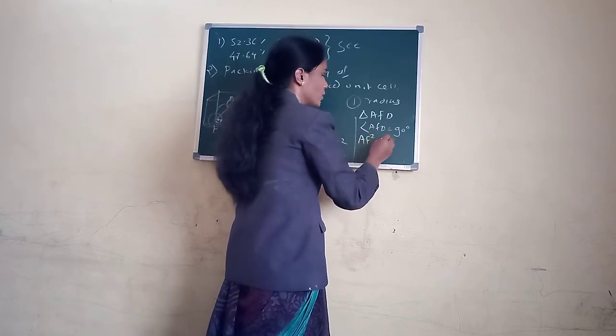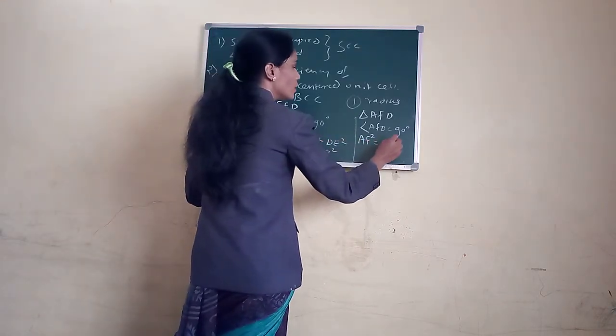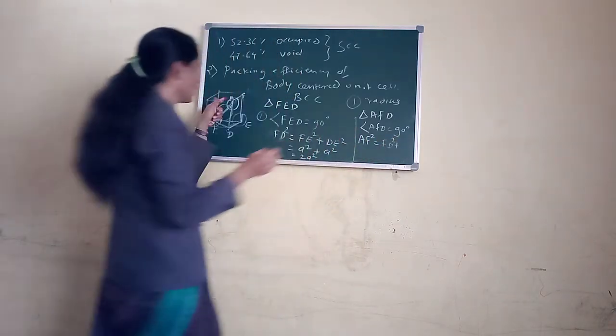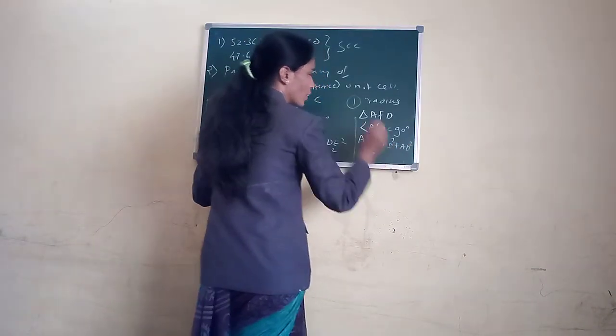AF square is equal to FD square plus AD square.